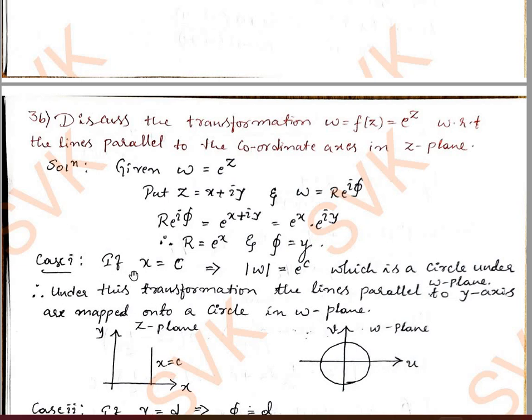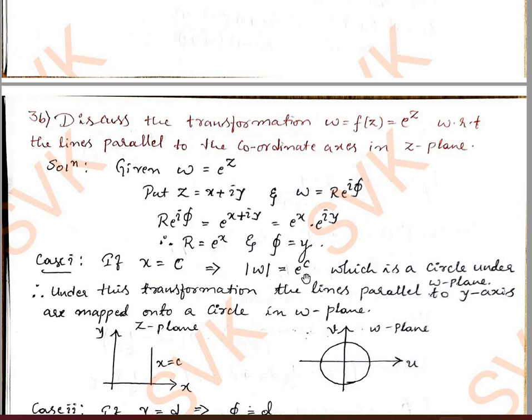So if I go with two cases, I am going to discuss two cases. They are asking with coordinate axis parallel to the coordinate axis, means parallel to y axis and parallel to x axis. So if x equal to c is the line parallel to y axis, then modulus of w or f of z will be equal to e power c.